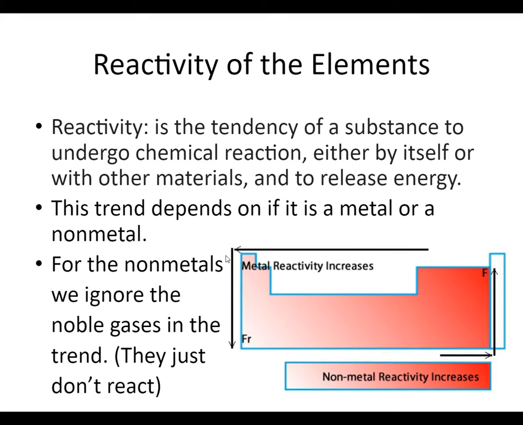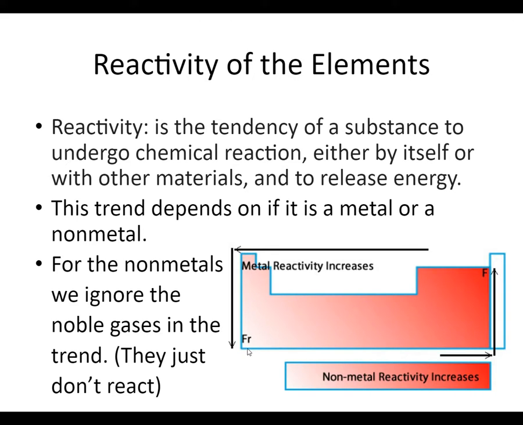It increases for metals as we go to the left, and for nonmetals, reactivity increases as we go to the right, which means that the halogens, starting with fluorine, is our most reactive element, and our most reactive metal is francium. So our metals get increasing reactive as we go down the periodic table.